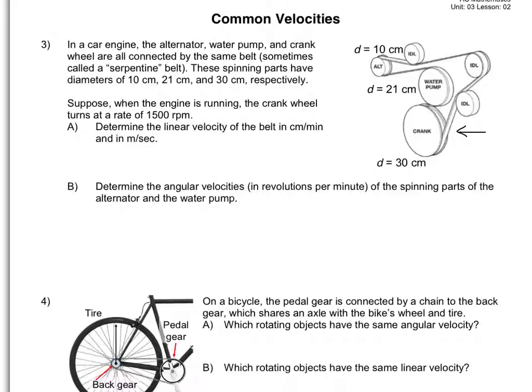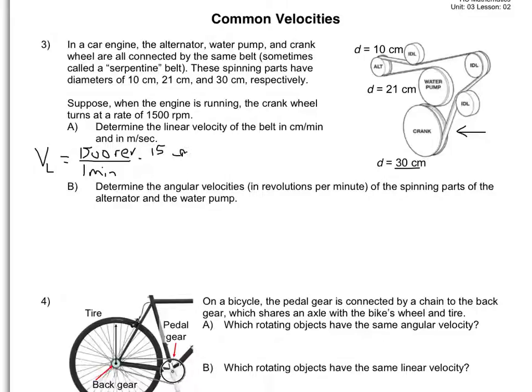So to find the linear velocity in centimeters per minute, what I would do is I'm going to get my 1500 revolutions per 1 minute, and now I'm going to multiply by my radius, which was 15 centimeters.